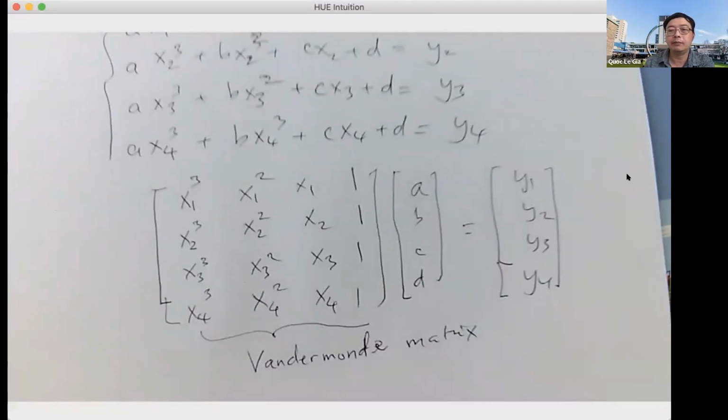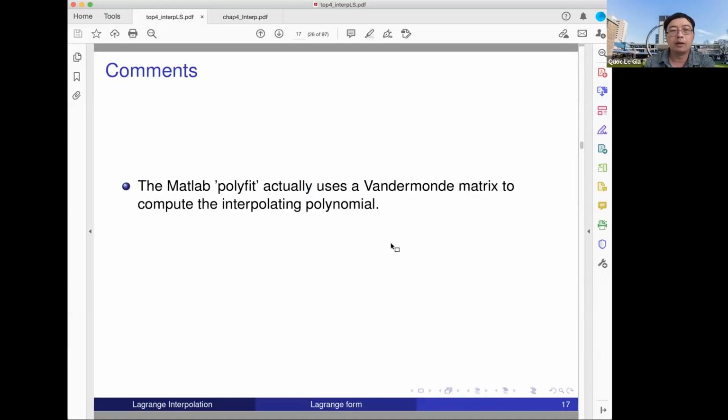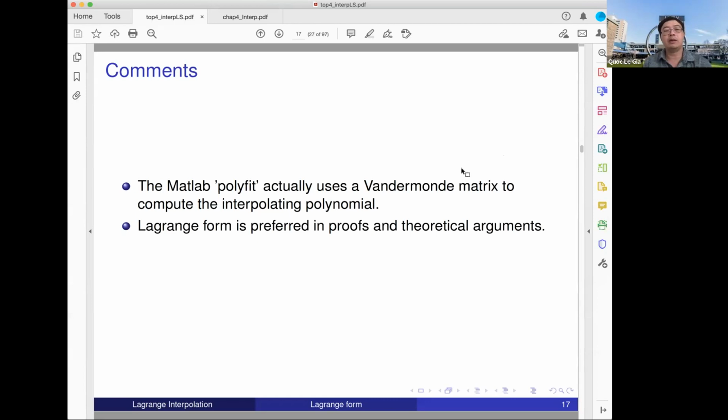And that is exactly what MATLAB is doing for the polyfit command. So polyfit uses the Vandermonde matrix to compute the interpolation polynomials.